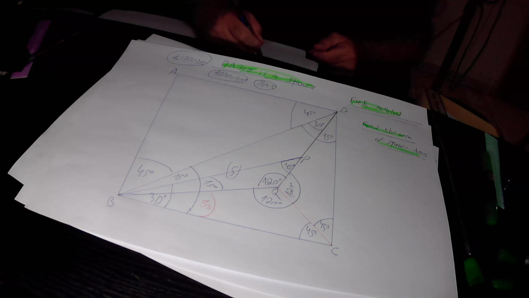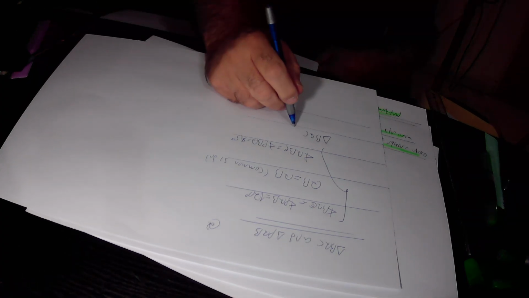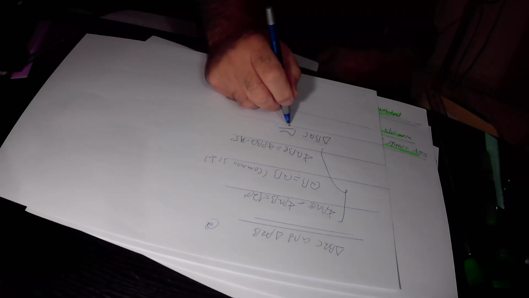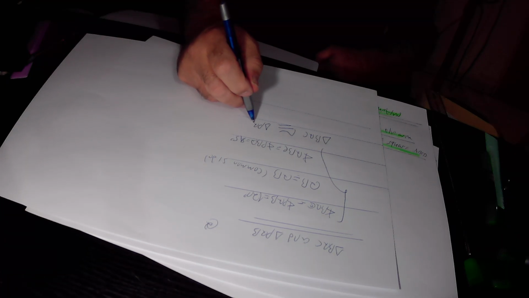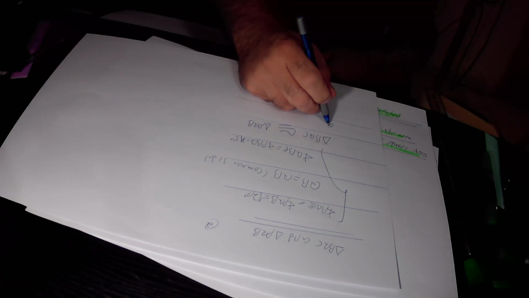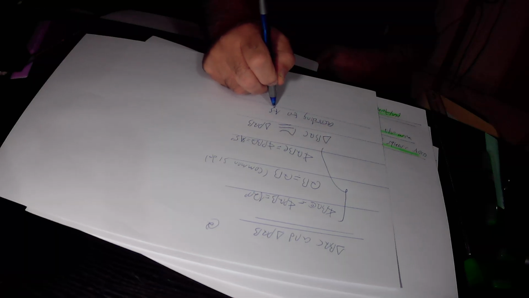So triangle BQC is congruent to triangle PQB according to angle, side, angle.